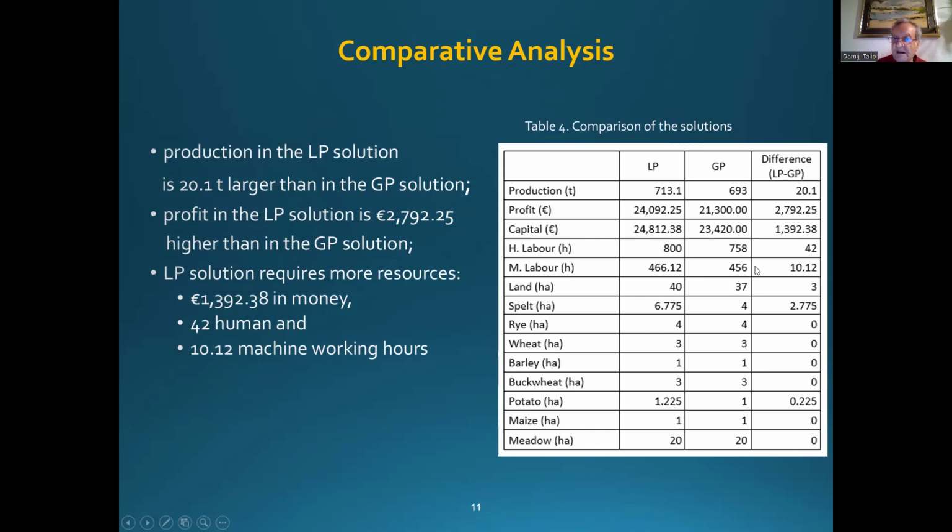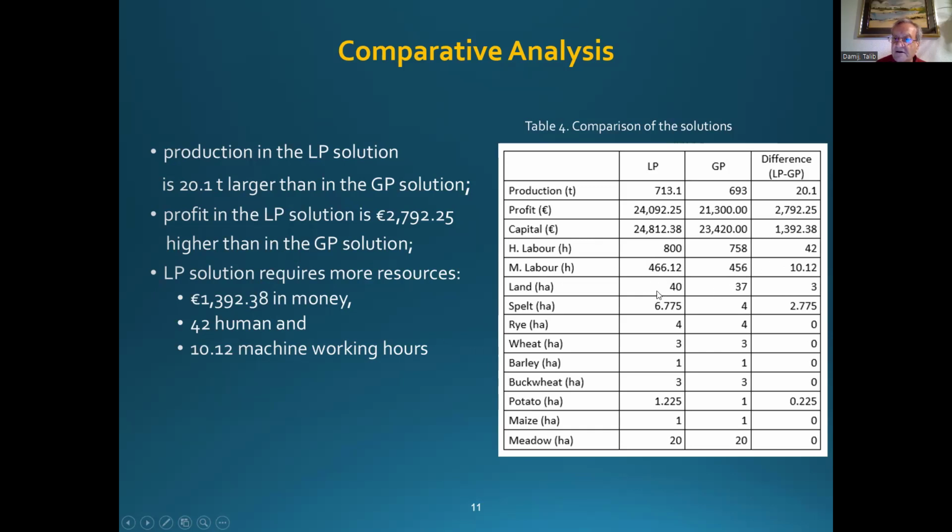The human labor is 800 hours. Meanwhile, in the goal programming, we need 24 hours less than linear programming. The machine labor, also we need more machine labor, 10 more hours, 10 hours more than if we use goal programming.